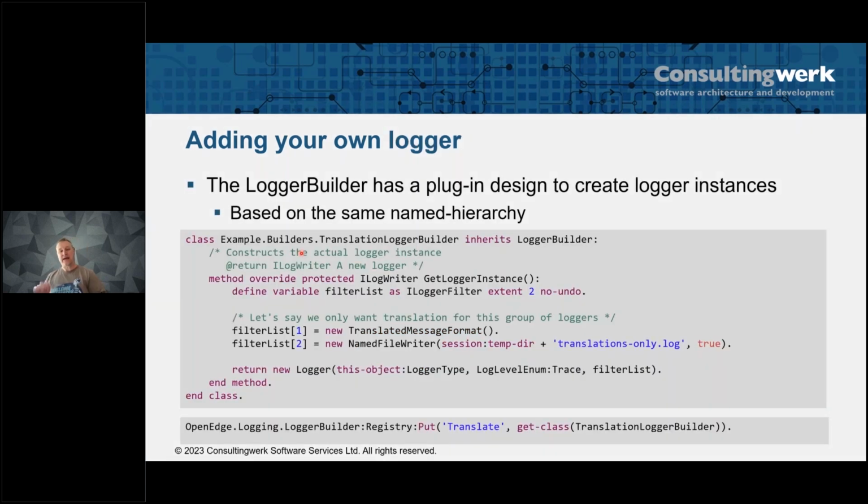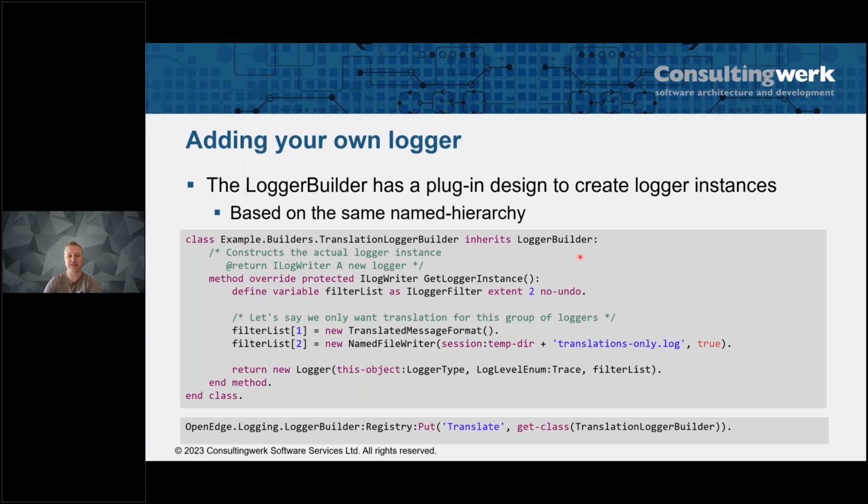We can also add custom loggers if needed, or build loggers in a particular way. So the logger builder itself has a kind of a plugin design that works on that same named hierarchy that we use to find a logger. You can define a logger builder for those 2. So it gets a little, I'm not going to say inception-y, I suppose is the word I'm looking for. But what we can then do is we can say, well, I want a translation only builder, right? I don't care about any of the other filters. I don't care about anything else.